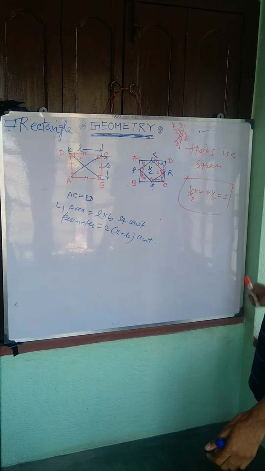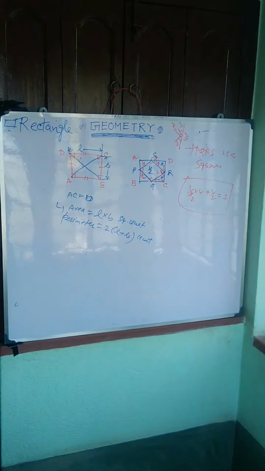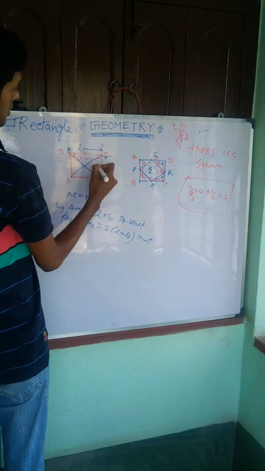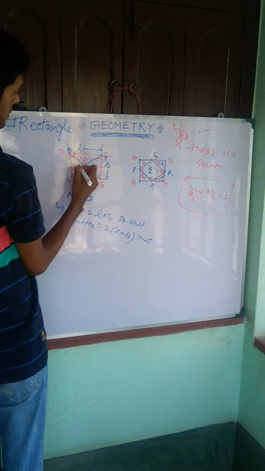Understand, guys? Now, anything left in the rectangle section? These four triangles also have equal area, that is 1/4 each.